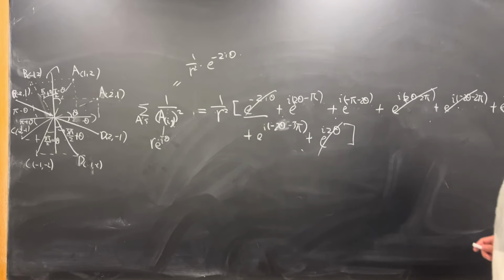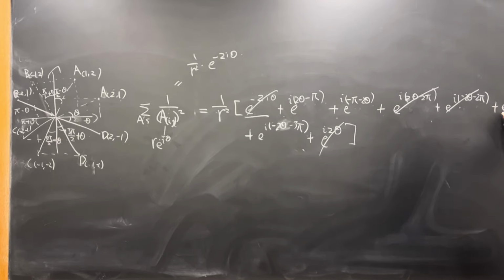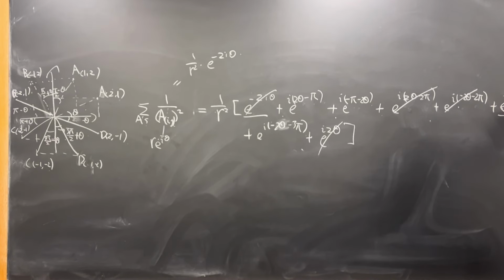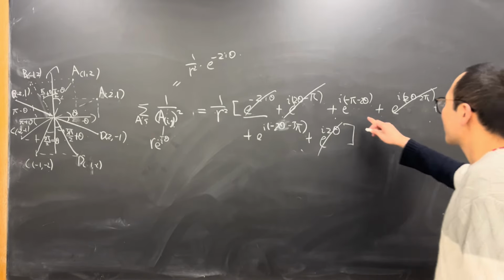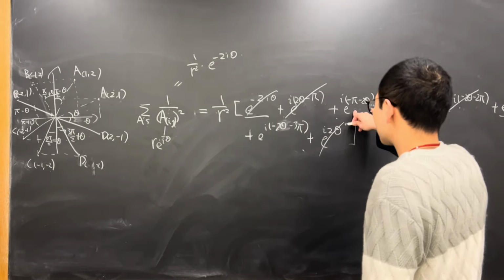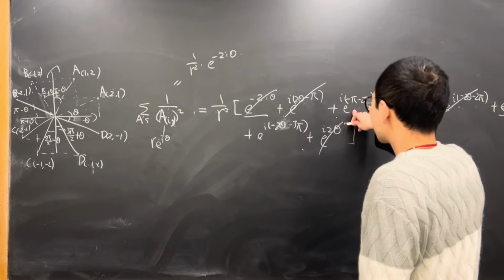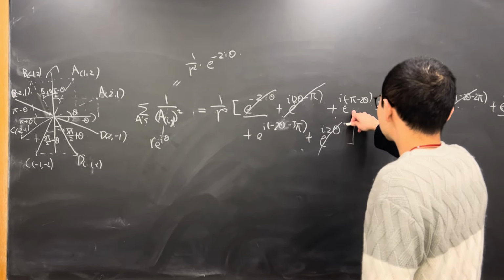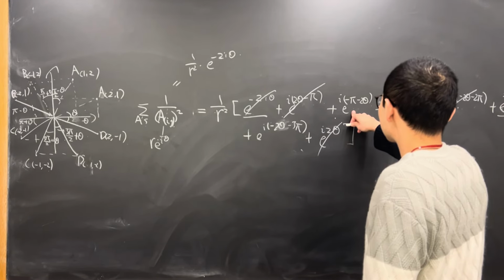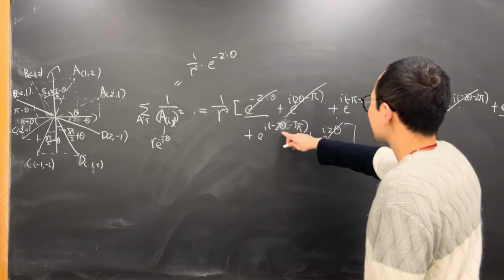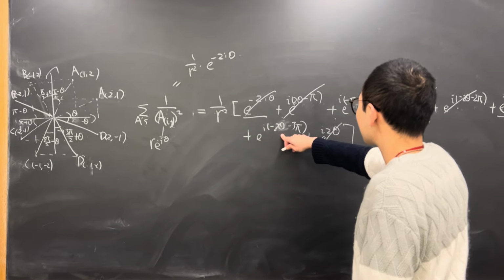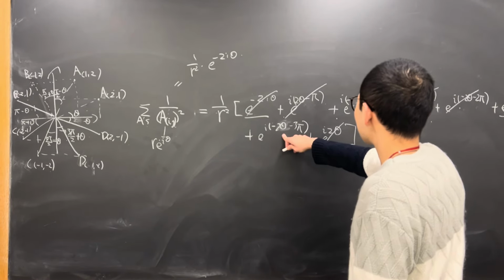Here this is e^{i(2 theta minus pi)}, minus e^{i(2 theta minus pi)}, so this can combine with this one. And this one is just e^{-i pi}, so this is e^{-i 2 theta minus i pi}.